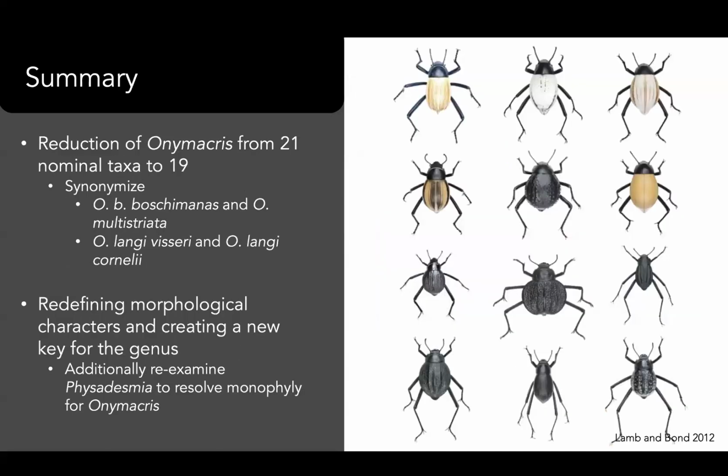So in summary, we have a reduction of Onymacris from 21 nominal species to 19. We need to synonymize Boschimanus and multistriata, and Langivisarii and Langicornellii. And we also definitely are planning on going in and looking at the morphology here. Penrith did state when she was looking at morphology that it was hard to find characters, just because psammophilic taxa tend to have very conserved morphological characters related to their lifestyle.